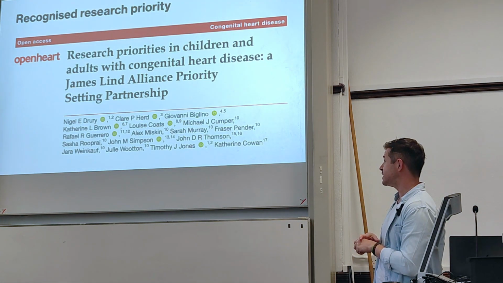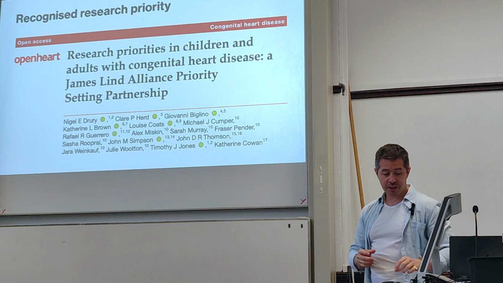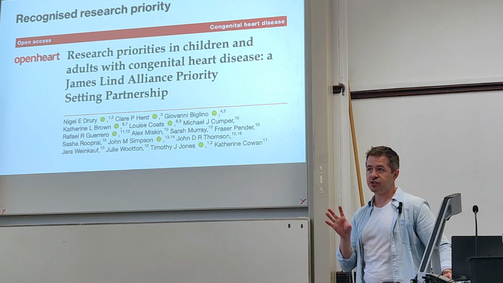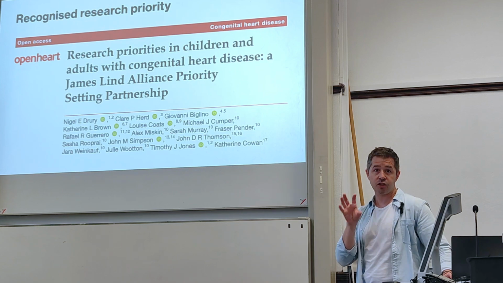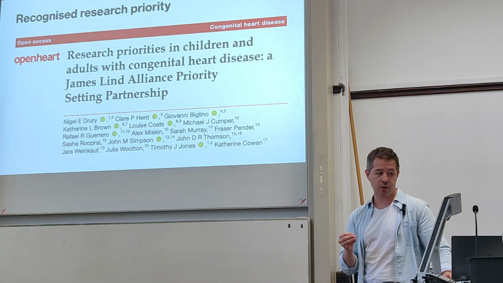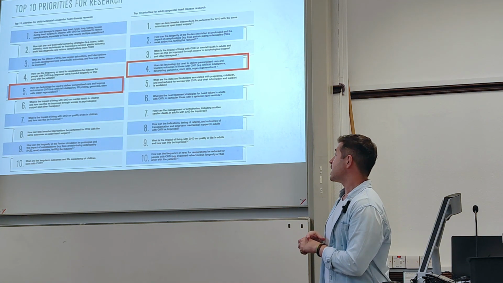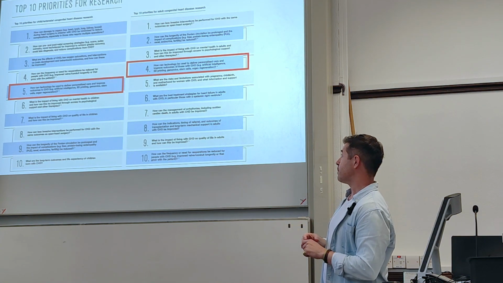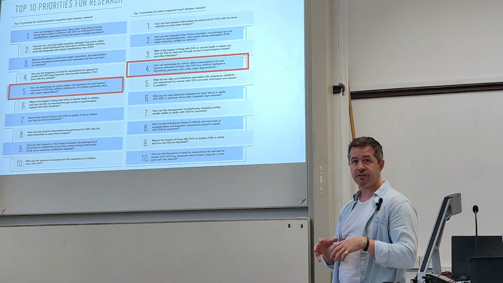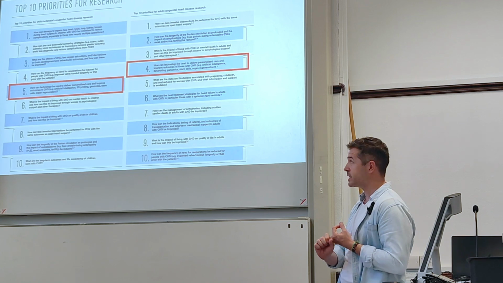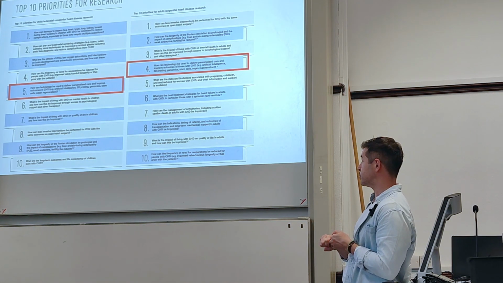It's a consensus-reaching process that identifies the top 10 research priorities in a medical problem, and it turns out that for both children and adults, technology, including AI and 3D modeling, is a research priority recognized by healthcare professionals, carers, and patients, hundreds of them that were involved in the process.